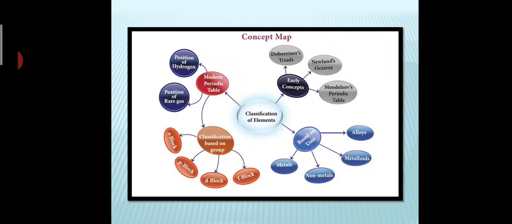It is also called the long form of periodic table, and we saw the features and groups in the modern periodic table. In the next class we will see how they are classified into blocks, the position of hydrogen, the rare gases, and the uses.